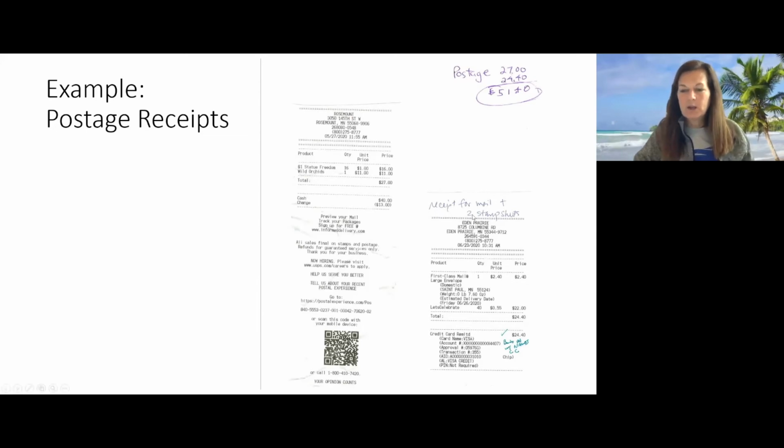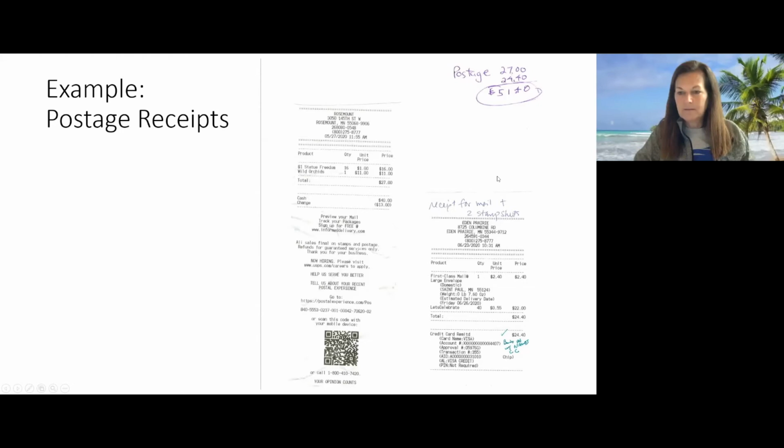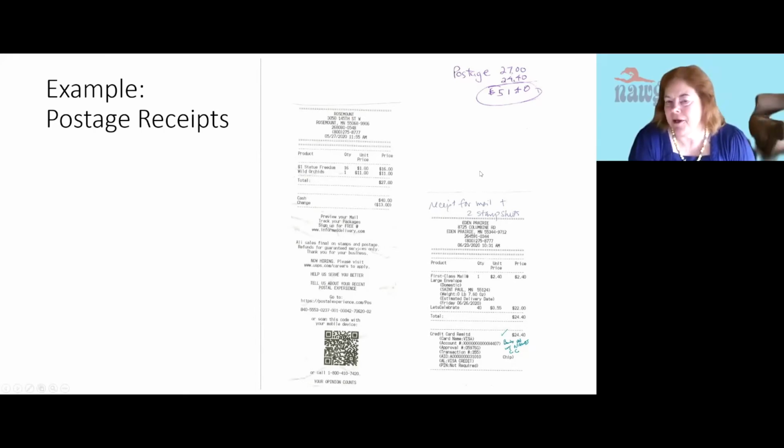Can I include both of those? Because what I do is tape my receipts to a piece of paper, and then I scan it in to my computer. So are you recommending, if I only have one postage receipt, put that one receipt on a page? Okay, now I understand. That's fine. That would be fine.